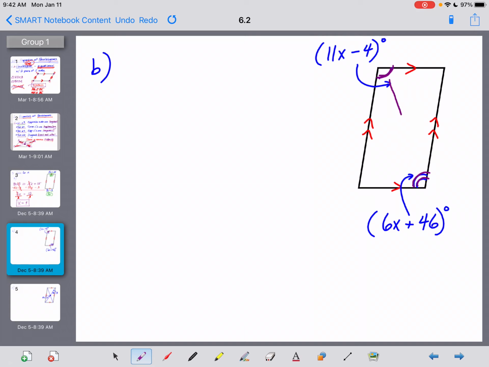So what you guys need to ask yourself right here is, are those two angles consecutive angles, meaning right next to each other, or are they opposite angles, meaning they're on different sides of the figure? And the answer in this case is that those are opposite angles. Top left, bottom right.